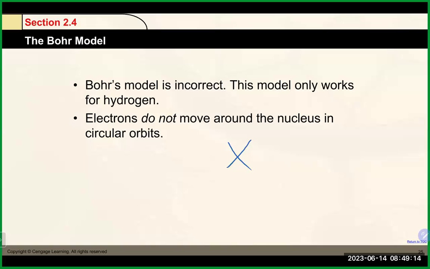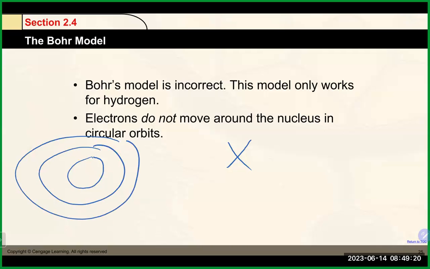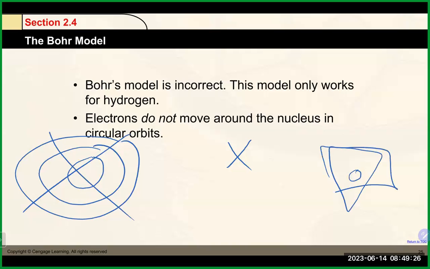Electrons do not move around the nucleus in the circular pattern described in Bohr's model. As we'll talk about, moving away from that, we have a more quantum mechanical model where electrons move in a seemingly random pattern about the nucleus. The best that we can do is talk about the probability of finding an electron.